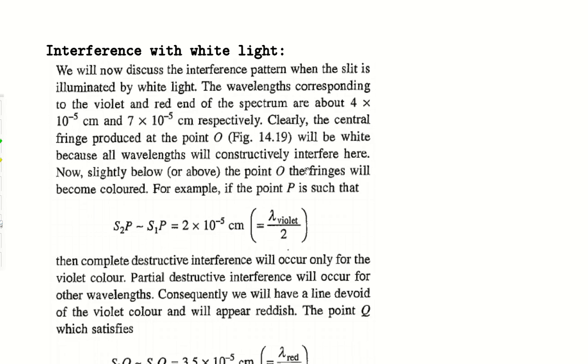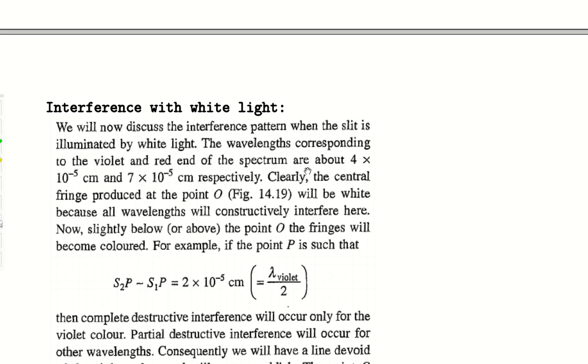So if you choose a point, now what is the central fringe? We have discussed that the central fringe is always maximum, so white light will be white at the central fringe. The central fringe will be bright and white, because all colors in white light will satisfy the maxima condition, that is the constructive interference condition, at the center of the screen.